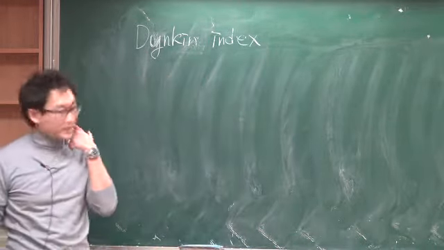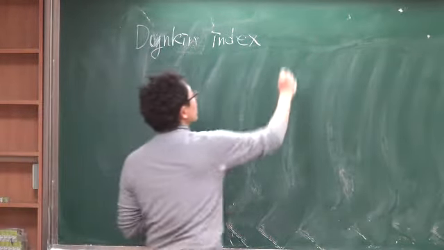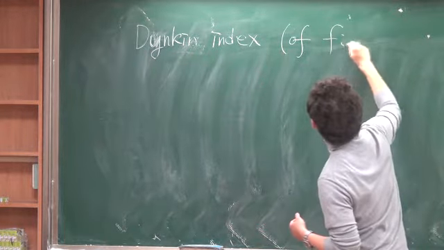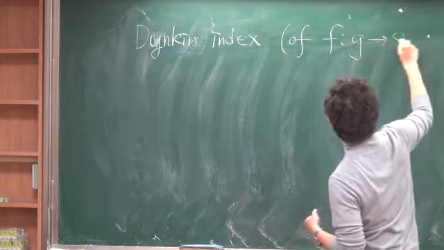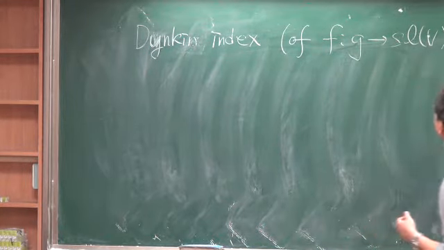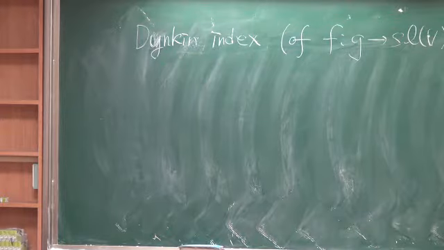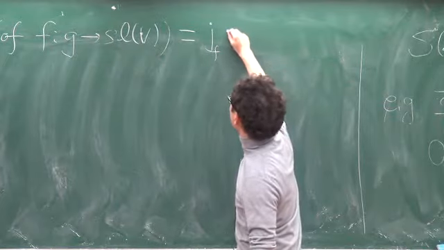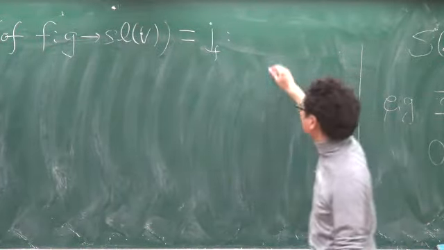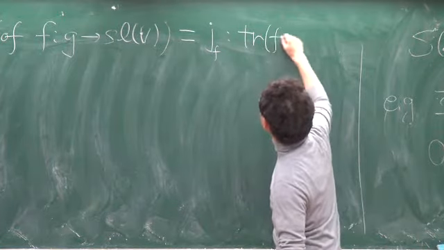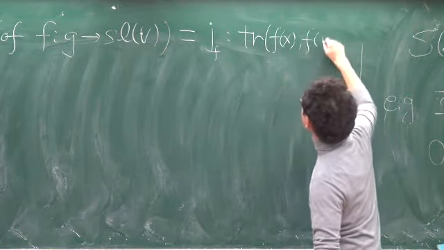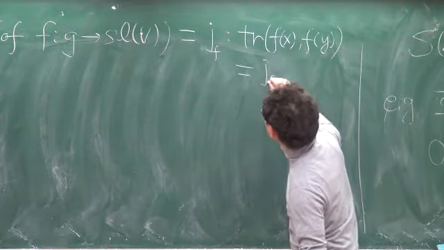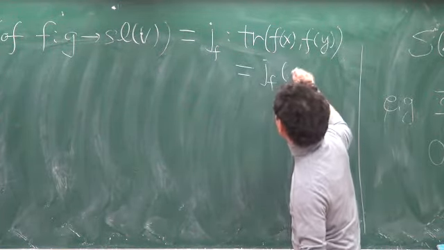Dynkin introduced the Dynkin index of a representation of a Lie algebra G, which is just an integer j_F satisfying that the trace of the image of this representation is a multiple of (x,y).